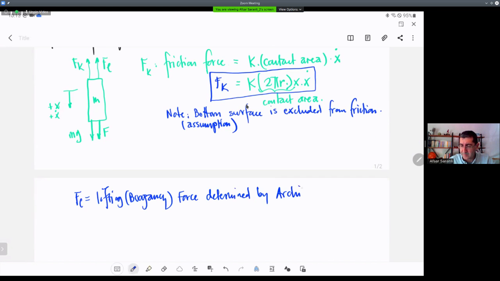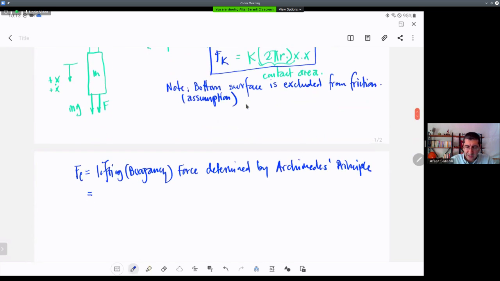This is determined by Archimedes' principle. So that states that the lifting force actually is related with how much volume is immersed in the liquid times the density of the liquid.